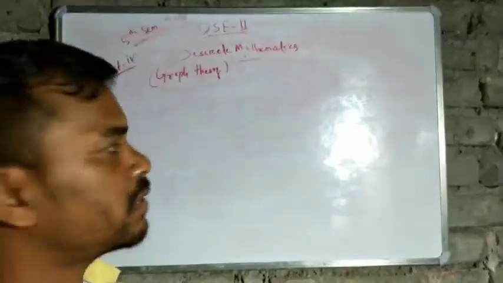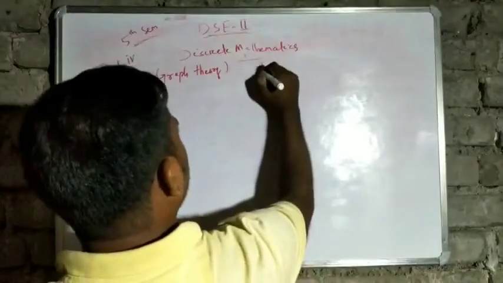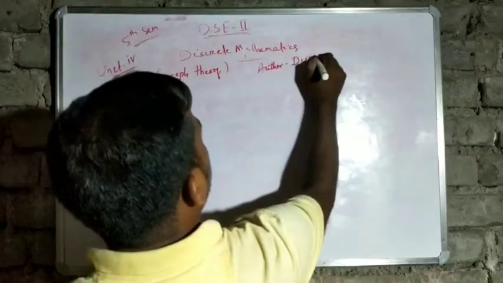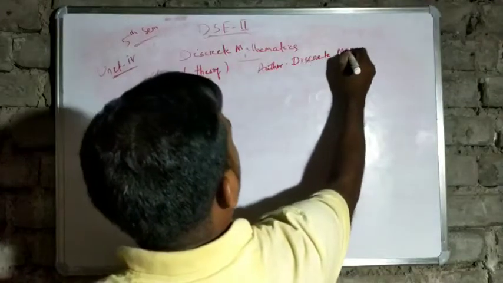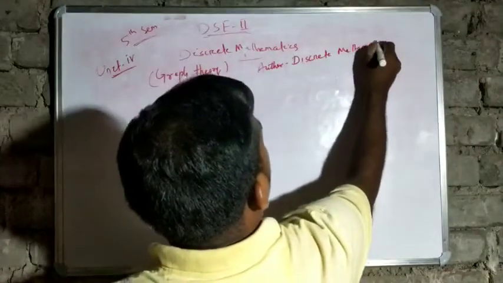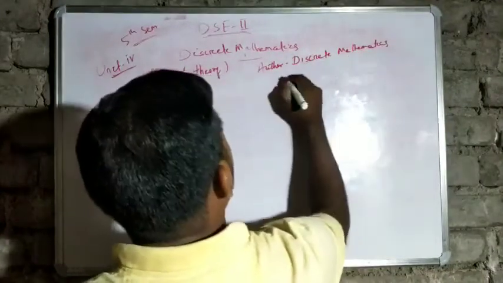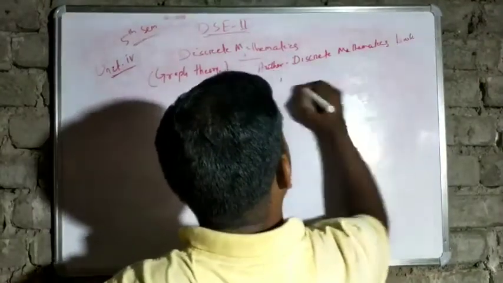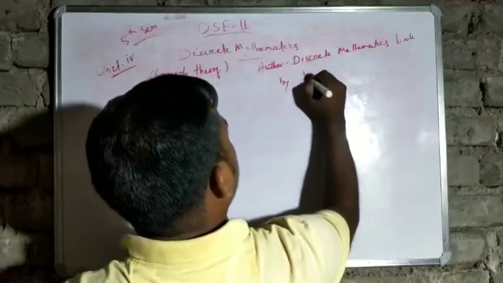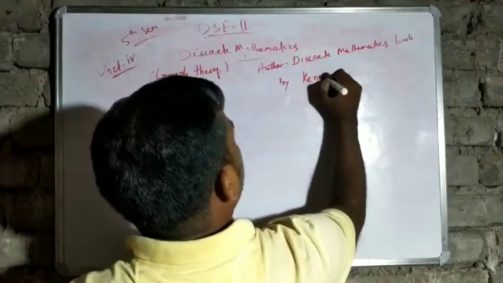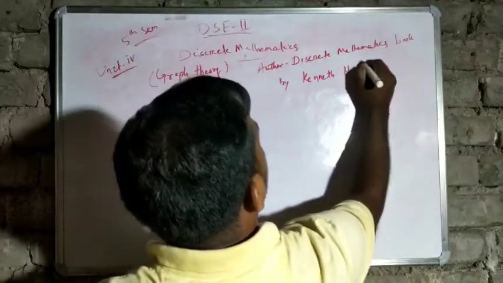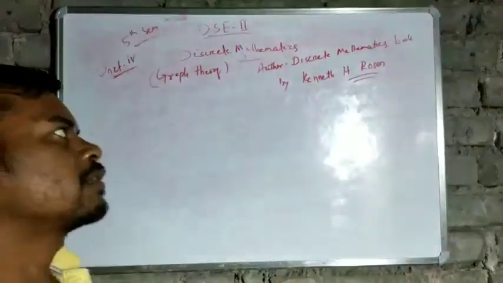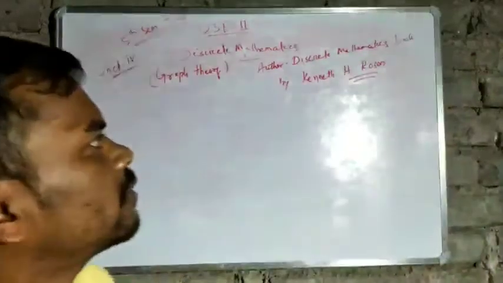Before starting, I will say you have to follow this book, Discrete Mathematics by Kenneth H. Rosen. I will follow this book, Kenneth H. Rosen.